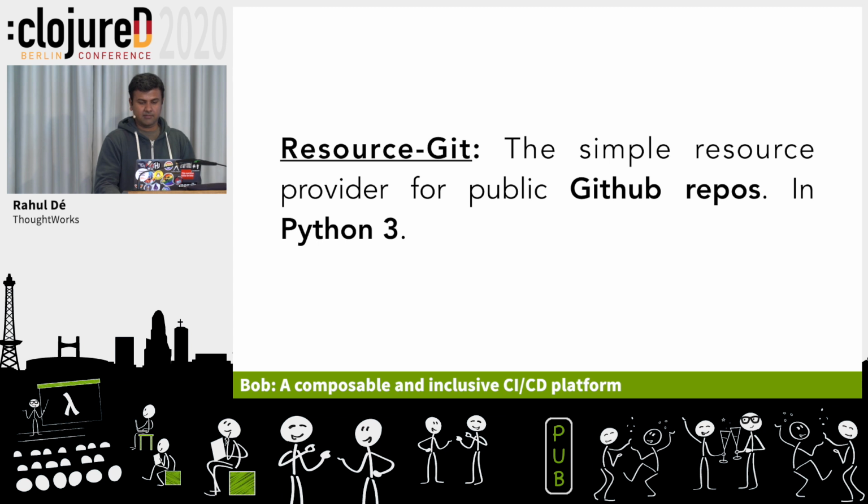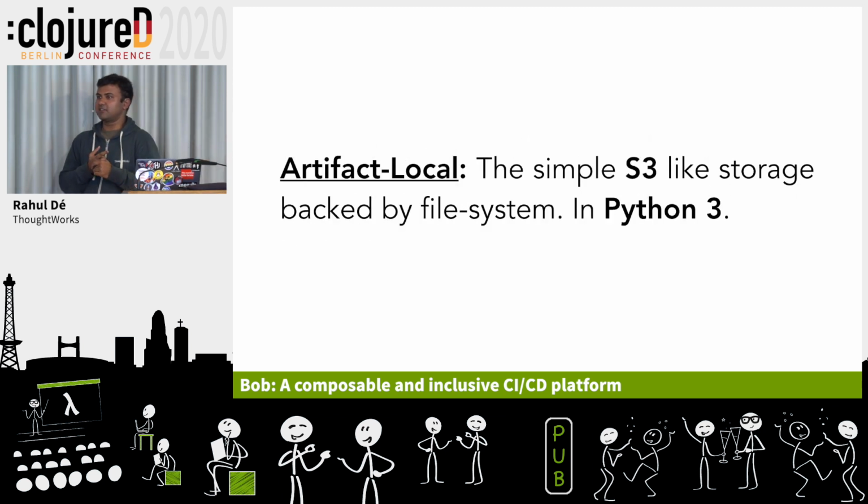And artifact-local is again a simple Python 3 server which has an S3-like API, and you can store things out of it, and it uses the file system. So the takeaway here is you don't have to write in the same technology as Bob was built in. You don't have to write in any particular thing. You just have to do REST calls.